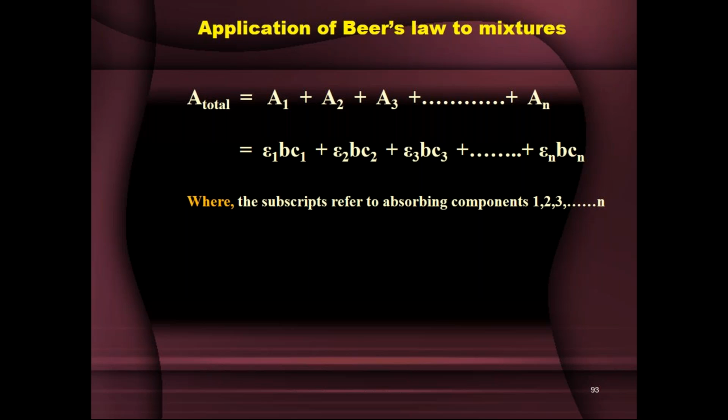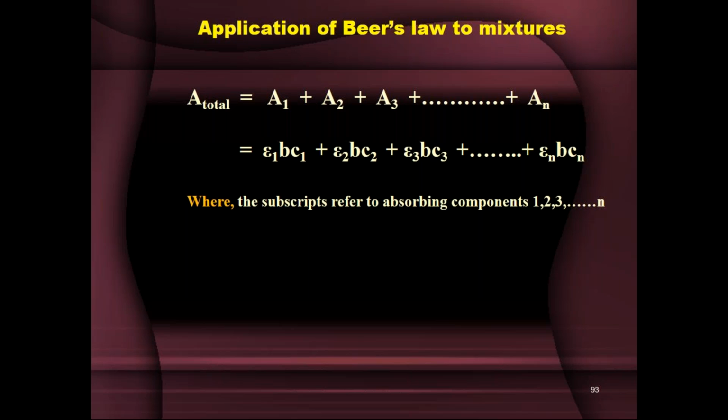So we also derived the equation A equals abc, or we could take it as A equals epsilon bc, where epsilon is molar absorptivity, b is the path length in centimeters, and c is the concentration in moles per liter.